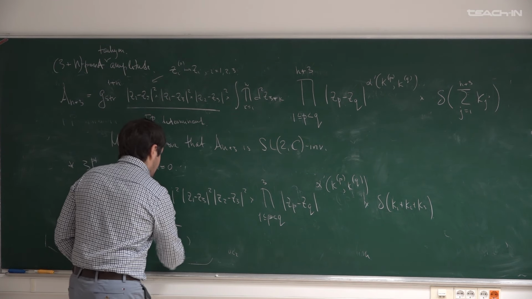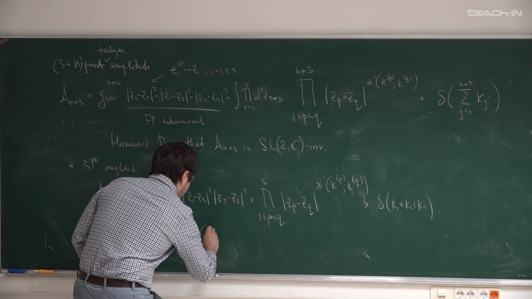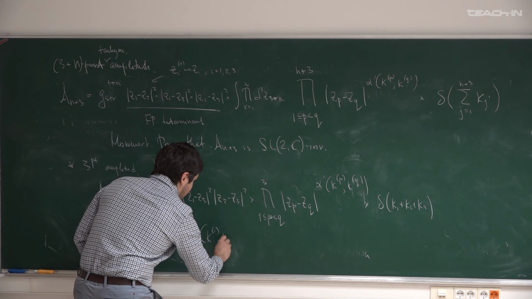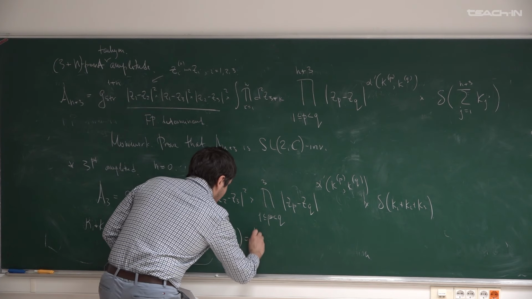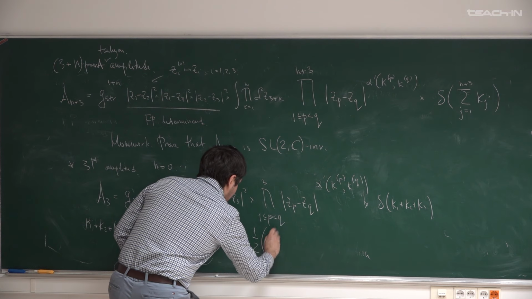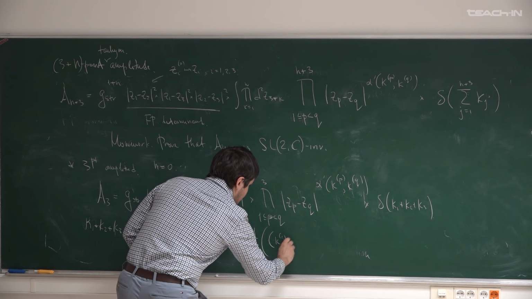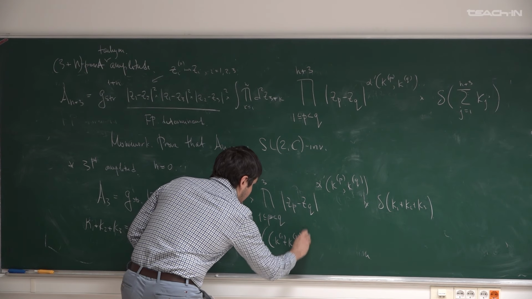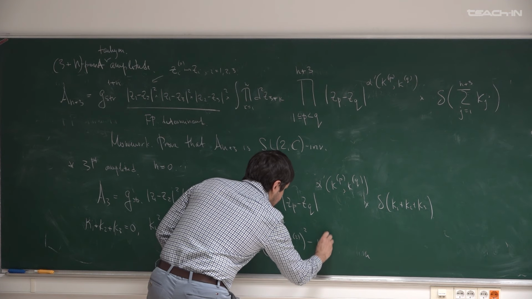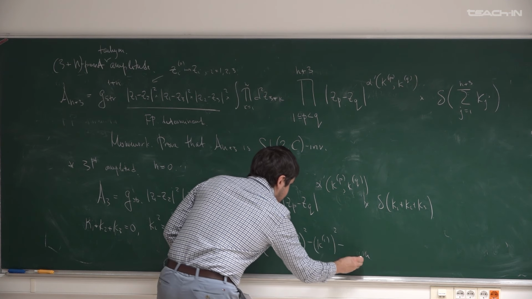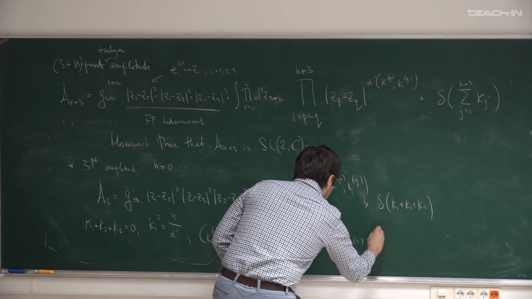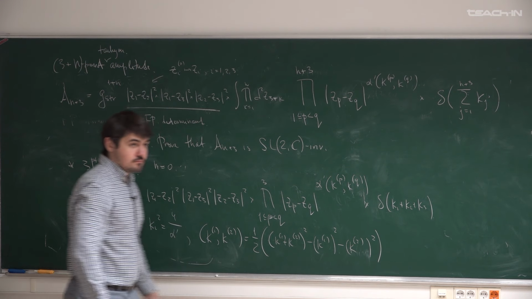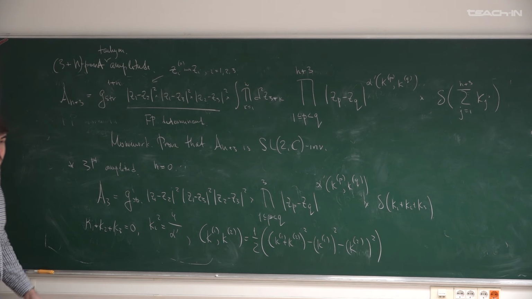For example, let's compute K1 with K2. This is 1/2 (K1 plus K2) squared minus K1 squared minus K2 squared. Just an identity.